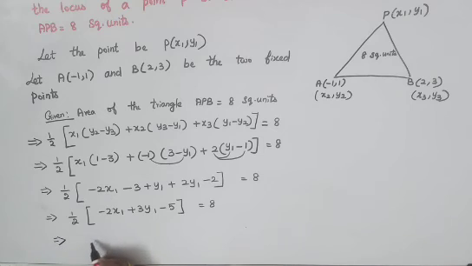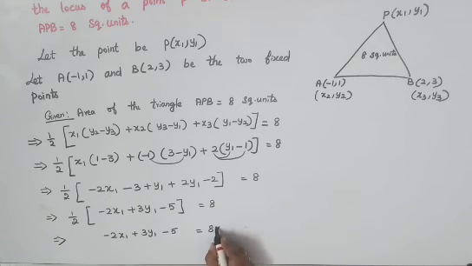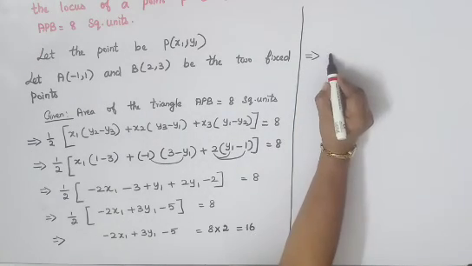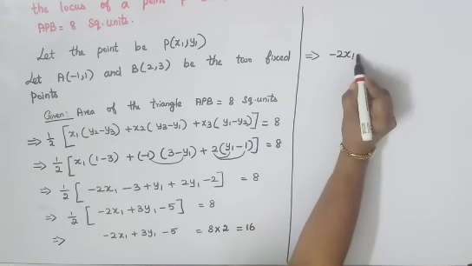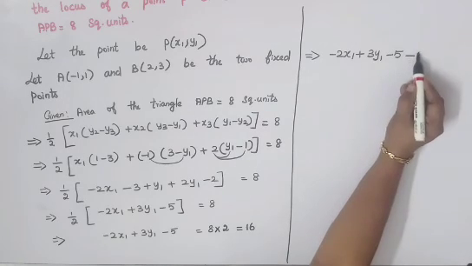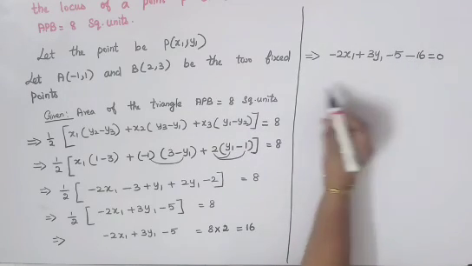That implies, take this 2 to that side. So minus 2x1 plus 3y1 minus 5, that is equal to 8. Here it is in the denominator. So if you take it towards your right hand side, it will come to the numerator. So 8 2s are 16 you will get. Which implies, just take the 16 towards this side. Okay, so you will get minus 2x1 plus 3y1 minus 5 minus 16 is equal to 0.